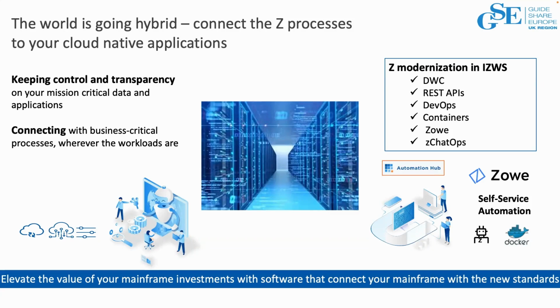This is around managing all your workloads with workload automation, whether from a distributed engine or a mainframe engine. You can still manage all your applications, both in the mainframe and in the cloud environment.